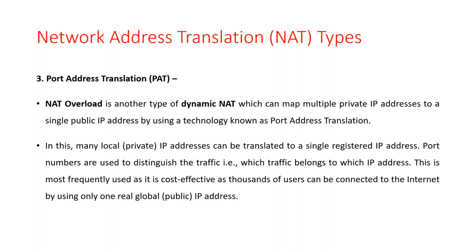So the NAT overload is another type of dynamic NAT. Port address translation is also called NAT overload. This is another type of dynamic NAT which can map multiple private IP addresses to a single public IP address by using the technology known as port address translation.